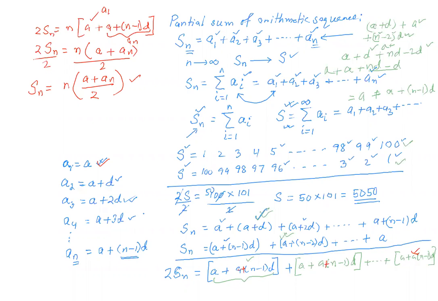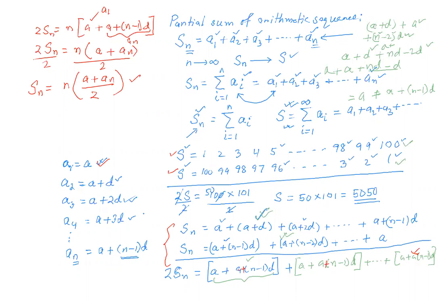So I just showed you the derivation just to make sure that you get a sense of it. If you are not 100% sure how I got this derivation, just think of this. This is easy. You write 1 to 100 in one order, and in reverse order 100 to 1, and you add them, you get 101.